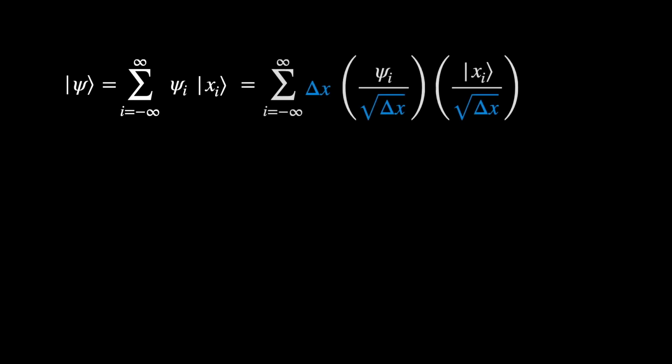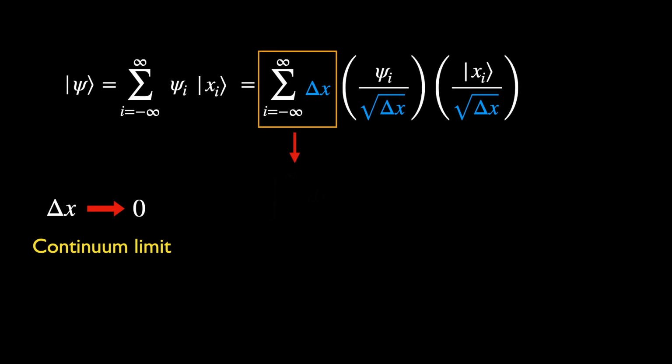To derive the continuum state, we first take the discrete state and insert the lattice spacing delta x in the numerator and denominator of the summand. One copy of delta x is grouped with the sum, while two copies of the square root are grouped with the amplitude and the discrete position state respectively. In the continuum limit, delta x goes to 0, while the sum becomes an integral, which is just what you get from taking the limit of a Riemann sum.